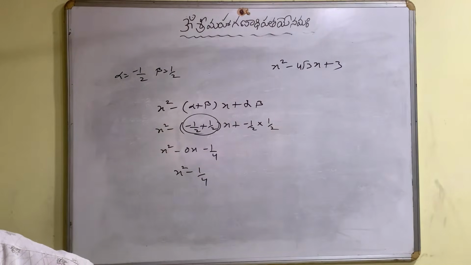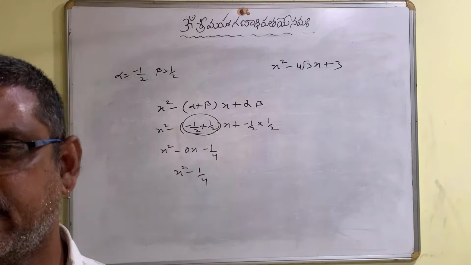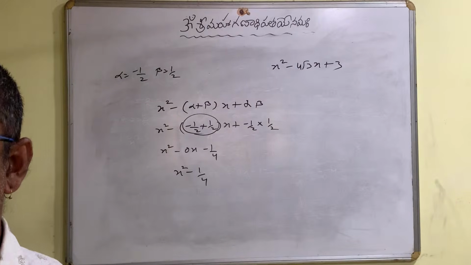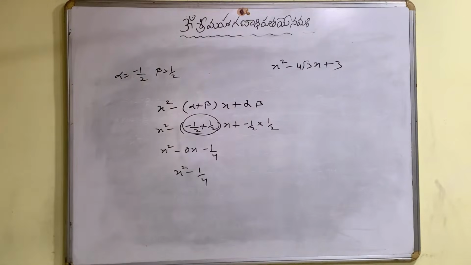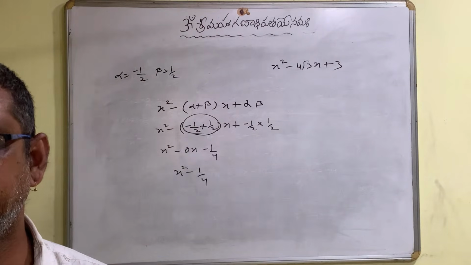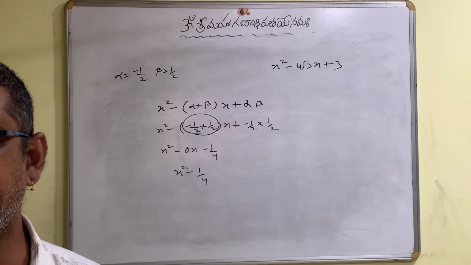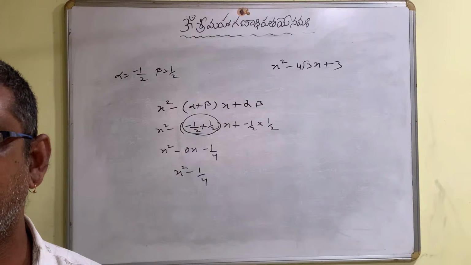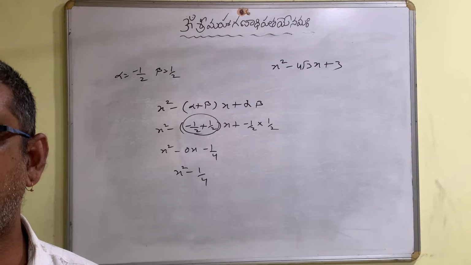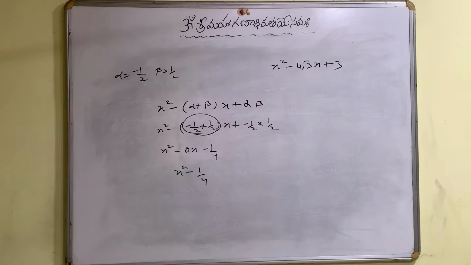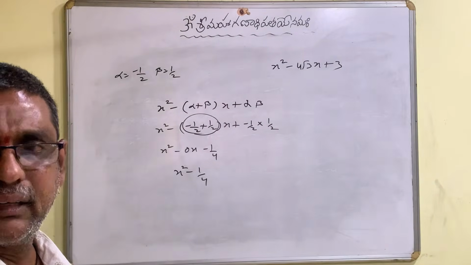Verify the relation, that question is for 2 marks. Now for x square minus 4 root 3x plus 3, find the value of alpha plus beta, or find the value of alpha plus beta minus alpha beta. Yes, we can do that.